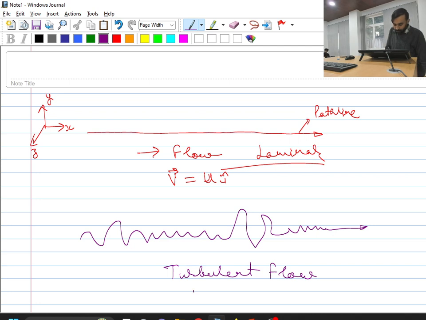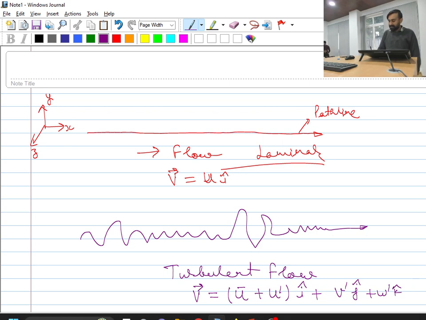So it has an oscillatory or irregular path. If I have to specify the velocity vector here, it will not constitute only a single component; it will have other components also, but the major bulk mean flow component will be in the x direction. I can specify the velocity field for this turbulent flow as u bar plus u dash in the i direction, plus v dash in the j direction, plus w dash in the k direction.